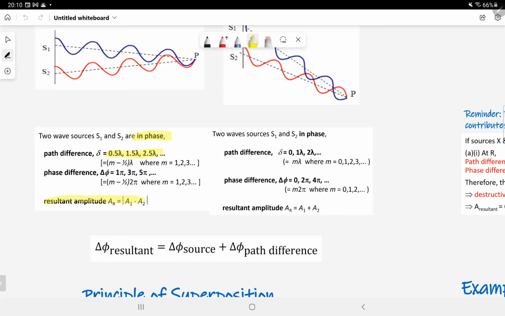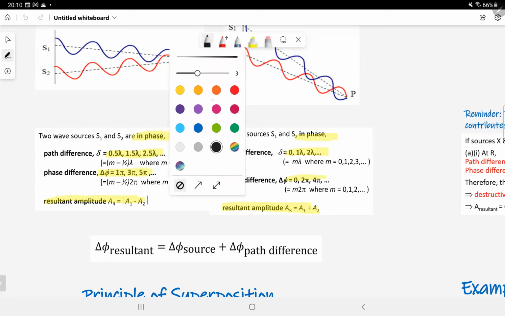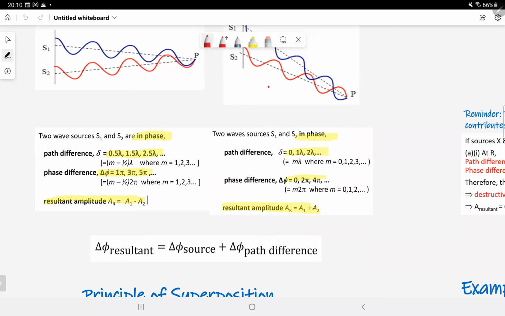When they are in phase and the path difference equals a full lambda, they will be in phase and the amplitude will add up, and you call this constructive interference. But this is not too good, because it's telling you something too specific already, with so many conditions. Whenever we do things, we want to generalize.